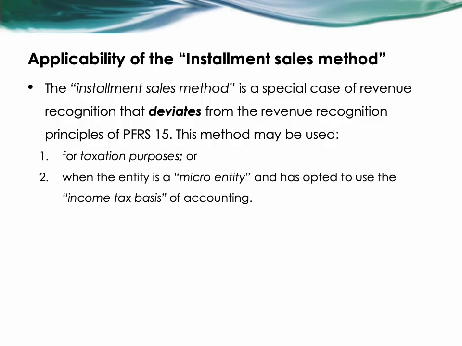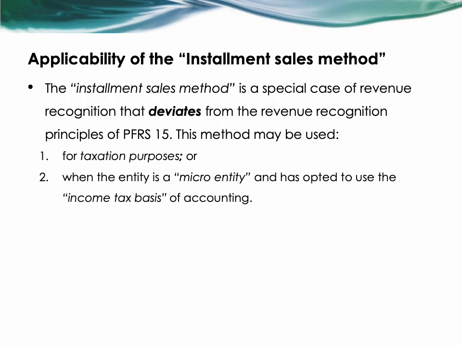Primarily, it is used in two limited scenarios. Number one is for taxation purposes. The tax laws may allow or require this method, especially for long-term payment arrangements. The second scenario is when the entity is a micro entity and has chosen to use the income tax basis of accounting.